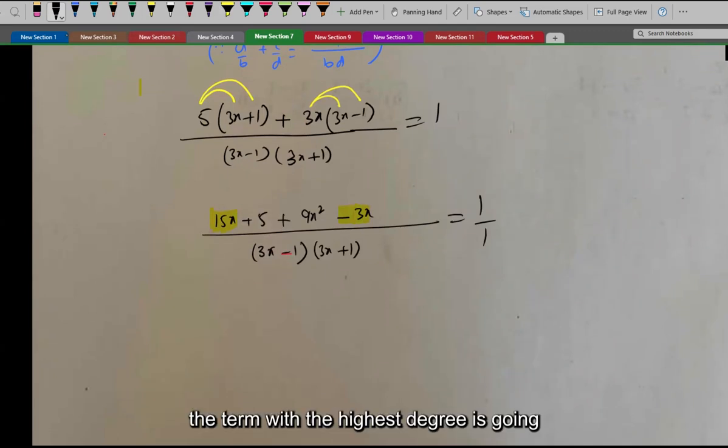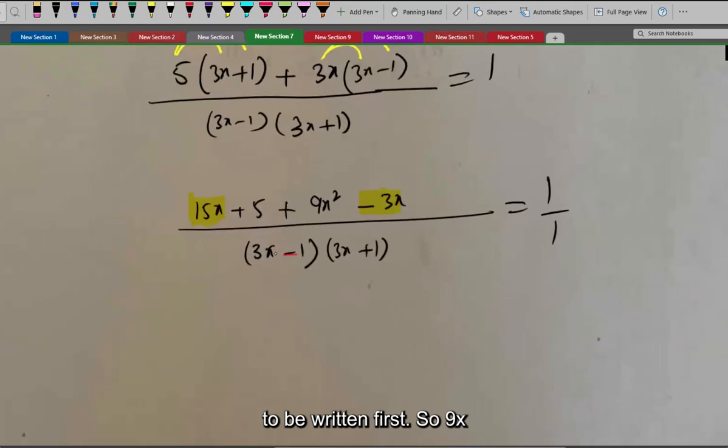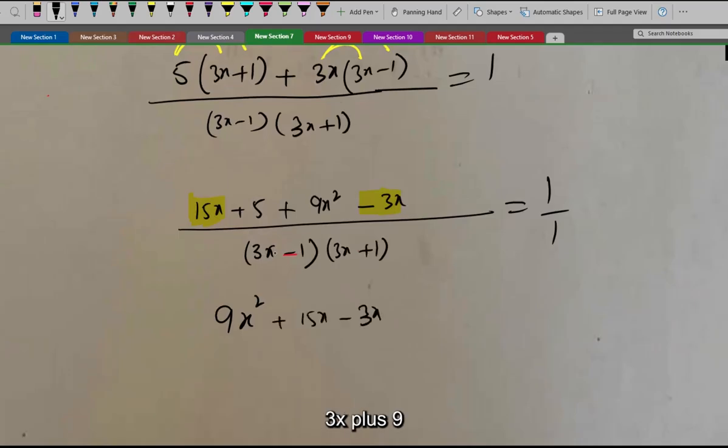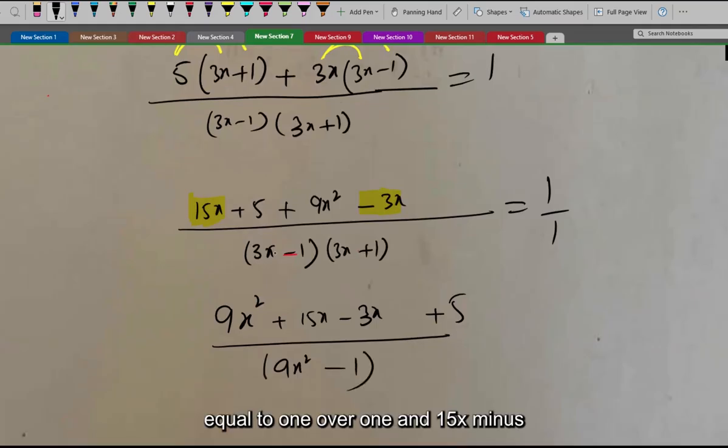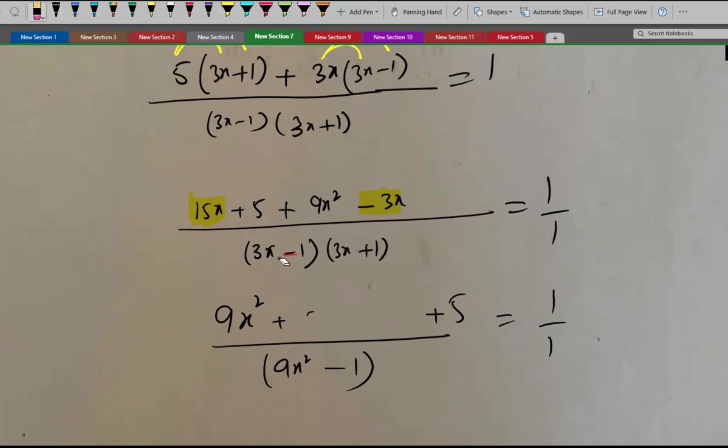So the term with the highest degree is going to be written first. So 9x squared plus 15x minus 3x plus 5 over 9x squared minus 1 equal to 1 over 1. And 15x minus 3x is going to be 12x.